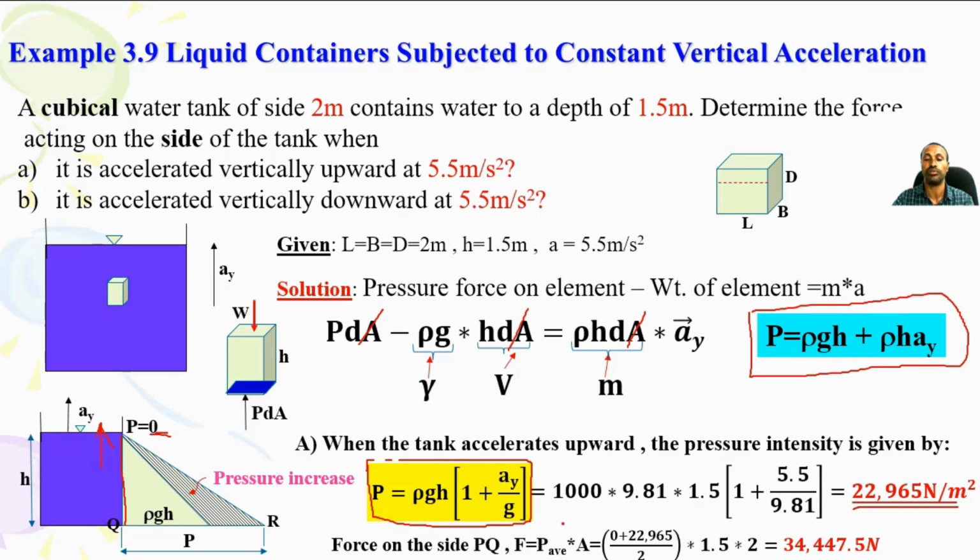Total pressure, then you add and divide over 2, then times area. Area is 1.5 times 2, so 1.5 depth of water times 2 meter on the other side. So you get this force exerted on side PQ when it is accelerated upward.